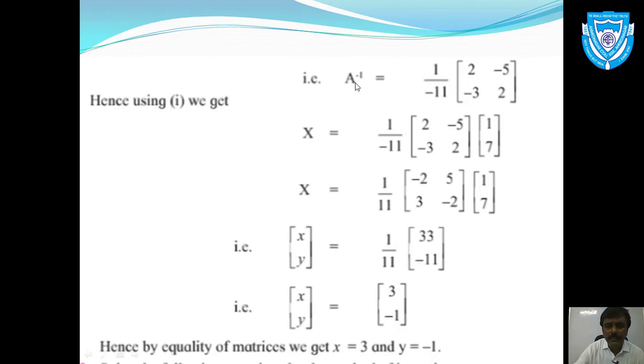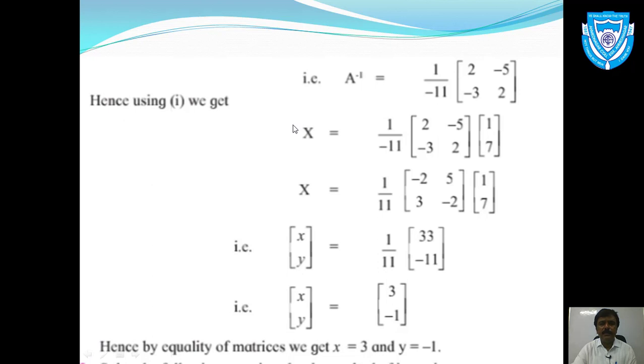Here we can see on screen that in the first step A inverse is equal to 1 upon -11 into the square bracket 2 -5 -3 2. Now what is the formula to find capital X?